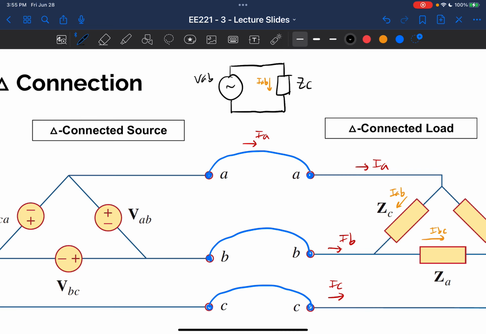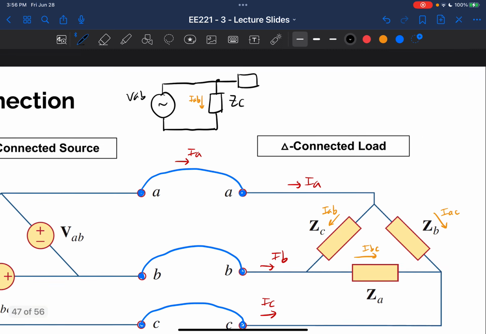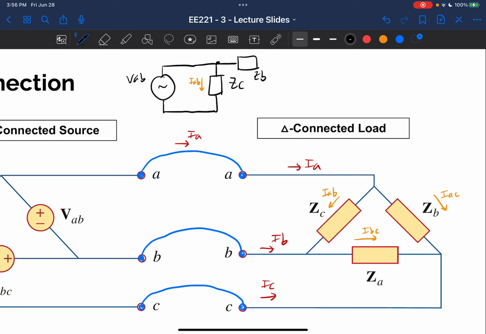Note that there is another load here. ZC would be connected to ZB. So I can't say that this current here is IAB. Rather, this current is equal to the sum of these two currents. So I can't say that this current is equal to this current, but I do know that the voltage across ZC is VAB in this case.